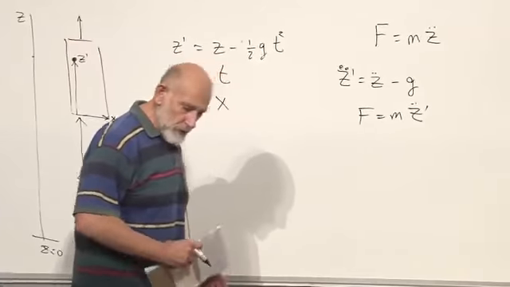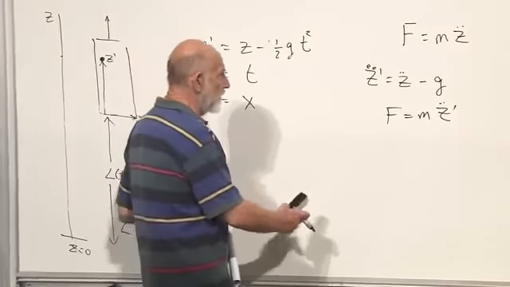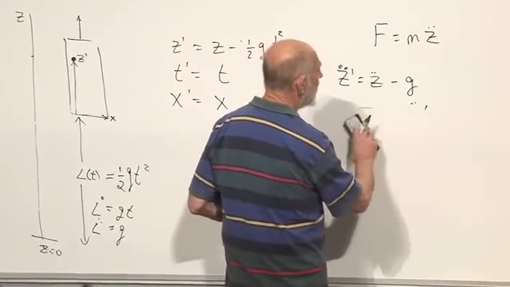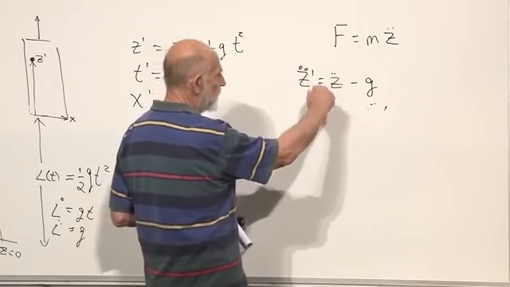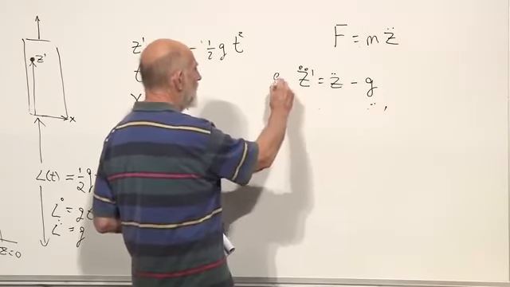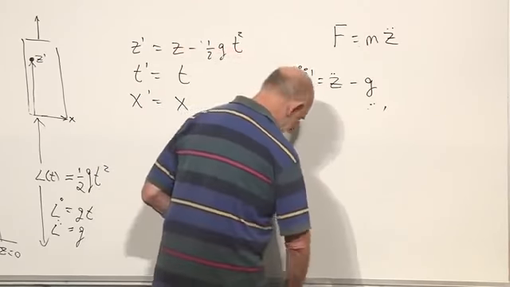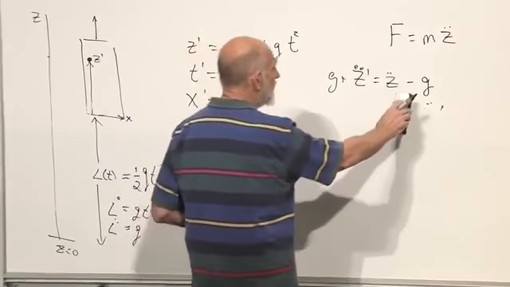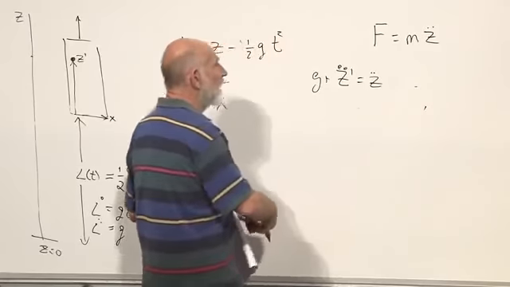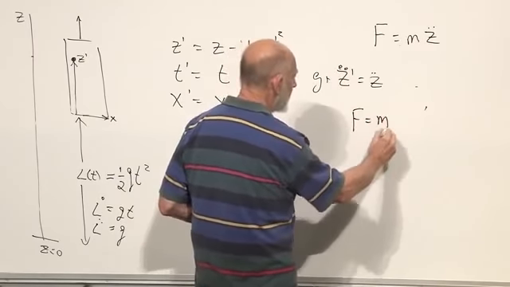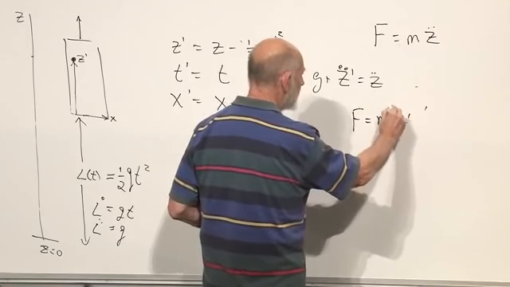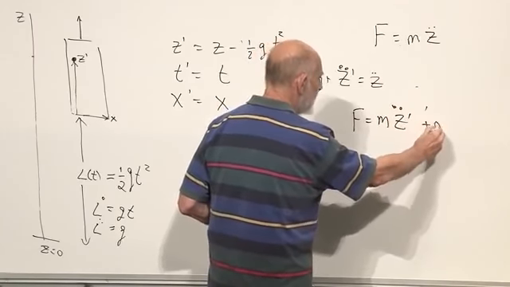And now we can write Newton's equations in the primed frame of reference. Z double dot, if we just transpose the g to the other side, g plus, like this. And now we can substitute, and it says that F is equal to m times z prime double dot plus mg.